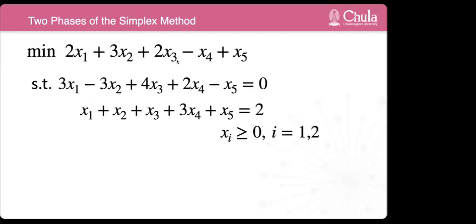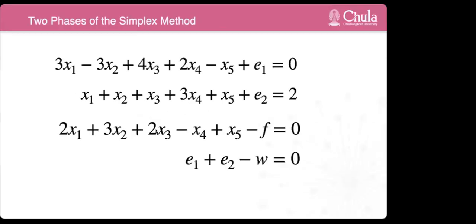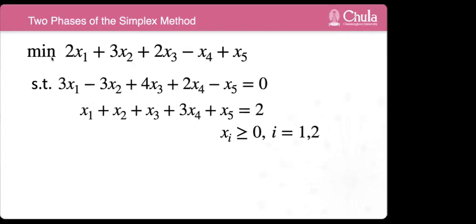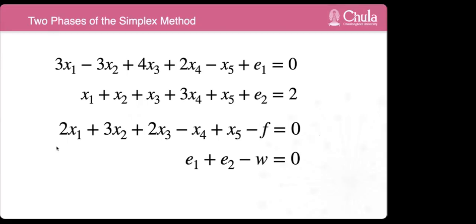This is our objective function, f. Then we rearrange it, because f equals x1 plus and so on, we change it into one side. And because W is the summation of E1 and E2, we can write this way: E1 plus E2 minus W is 0.